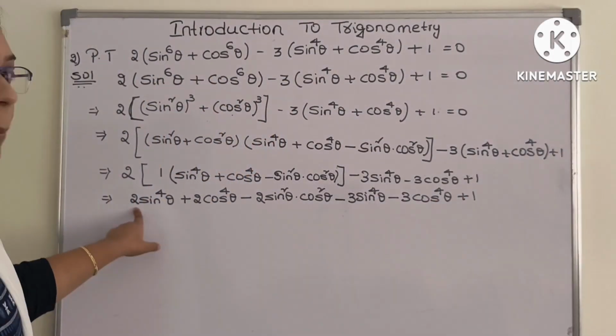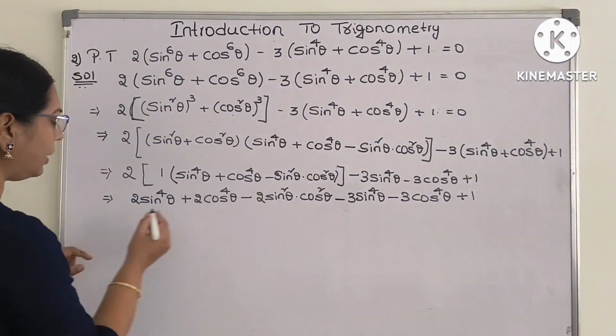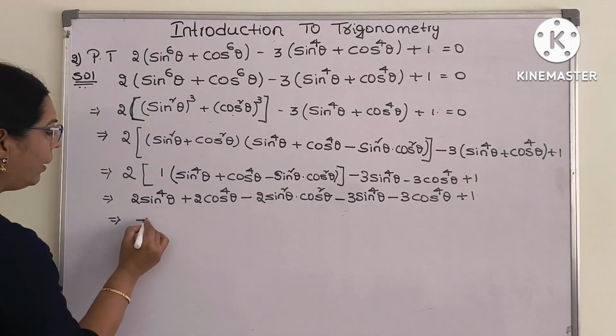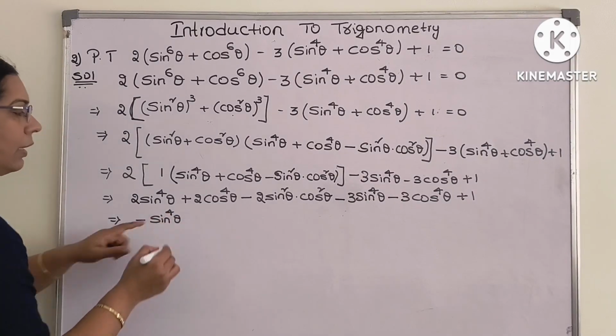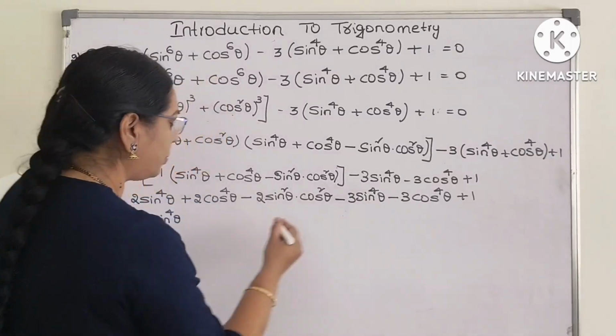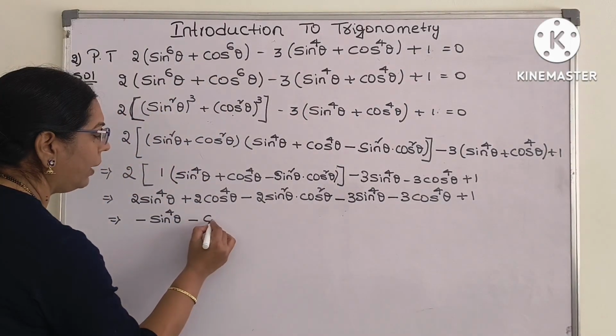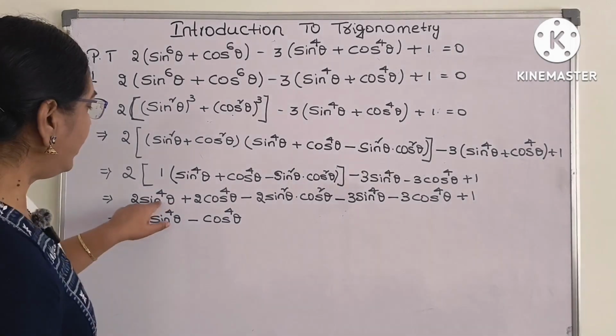Now see, I have plus 2 sin power 4 theta minus 3 sin power 4 theta, so the answer would be minus sin power 4 theta. And then I have plus 2 cos power 4 theta minus 3 cos power 4 theta, so it would be minus cos power 4 theta. And I am done with this term.